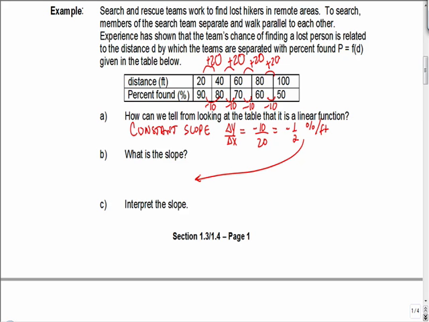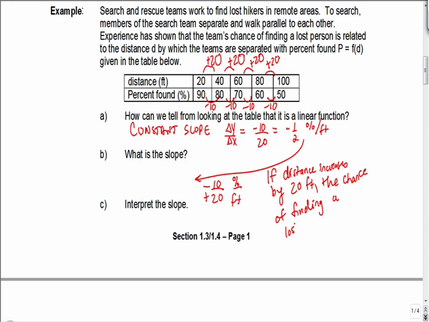Now what if I want to interpret the slope? What does that tell us? Well, notice if I take the original, negative 10 over 20 and percent per foot, and I assign the negative to the numerator, what this now tells me is if the distance increases by 20 feet, the chance of finding a lost person drops by 10%.